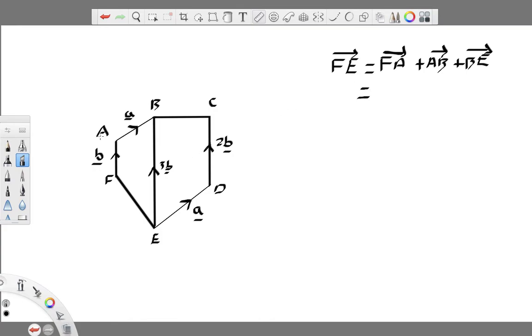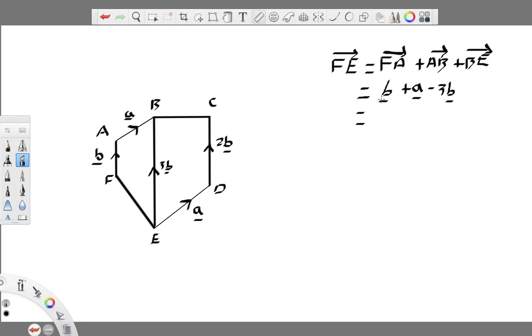So it's just a case of writing in our vectors now. So F to A, well that's B. A to B, well that's A. And then B to E, well that's going to be minus 3B. Because we knew that E to B was 3B, so going in the opposite direction, B to E, that would be minus 3B.